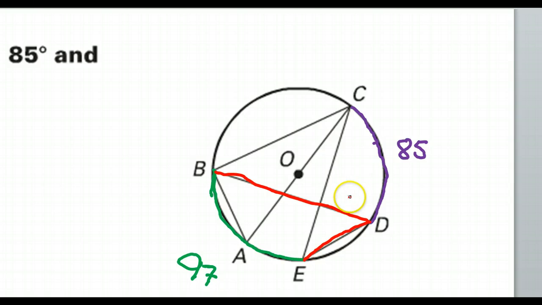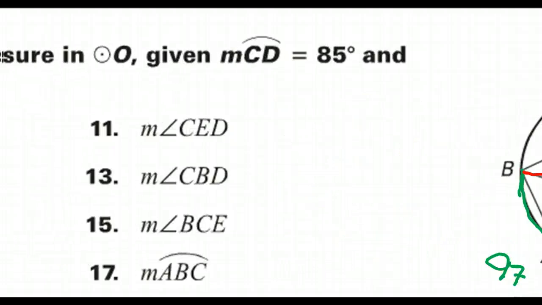If you're doing problems like this, I highly recommend you do the same. Get yourself some markers, colored pencils, whatever. At least trace it with your pencil or pen. It really helps you see what's going on. So this is pretty straightforward. Once you color it, this is an inscribed angle. It should be half of the arc that they gave us. So it's just going to be 97 divided by 2. Okay, so it'll be a decimal, but that's okay. 48.5 degrees.